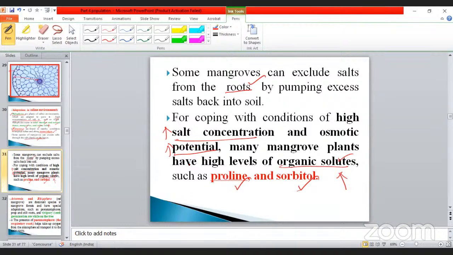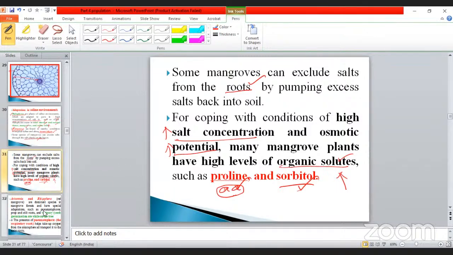And when there is a high concentration of salt, organic solutes such as proline, an amino acid, and sorbitol, a biomolecule, will be very high.